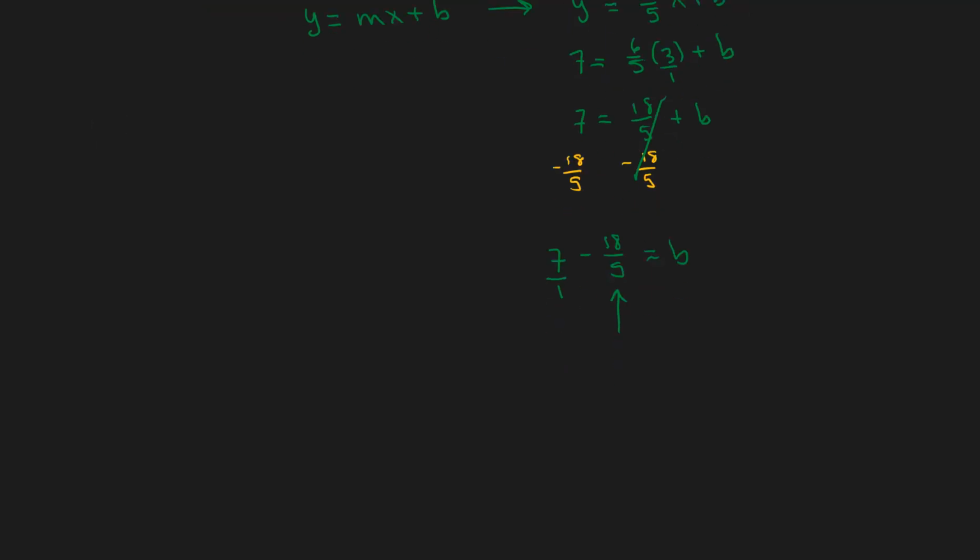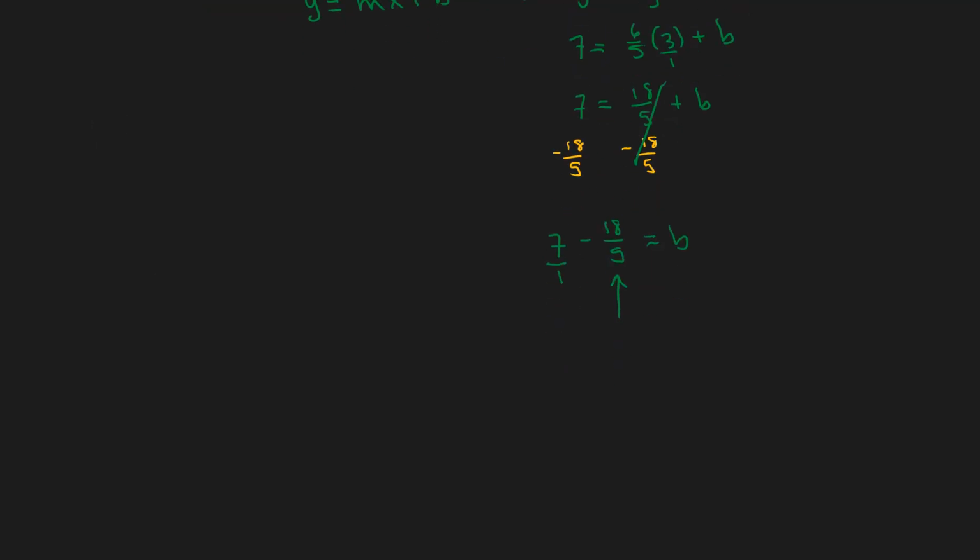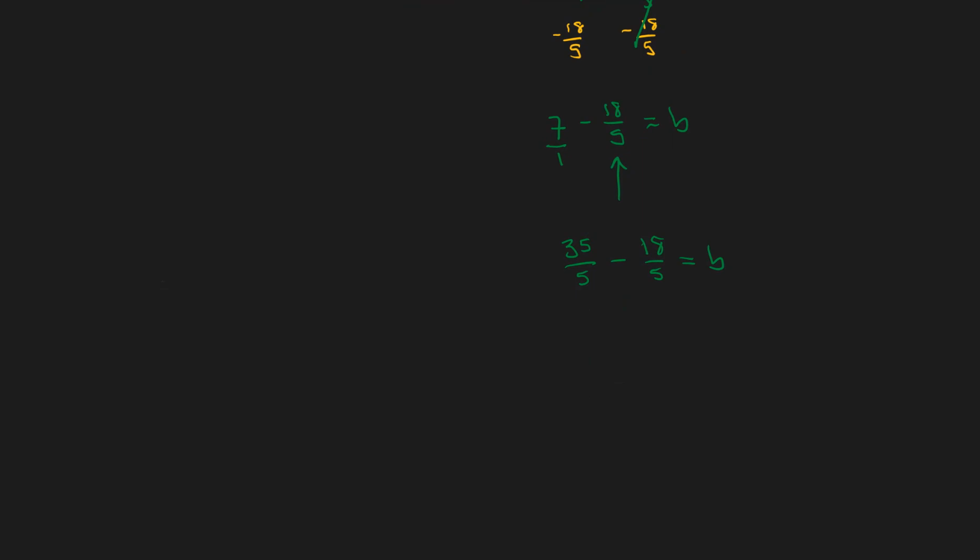So I'm going to multiply my 7 over 1 by 5 over 5, which will give me 35 over 5 minus 18 over 5 equals b. Doing the appropriate subtraction, 35 minus 18 is 17 over 5, which is the b value.